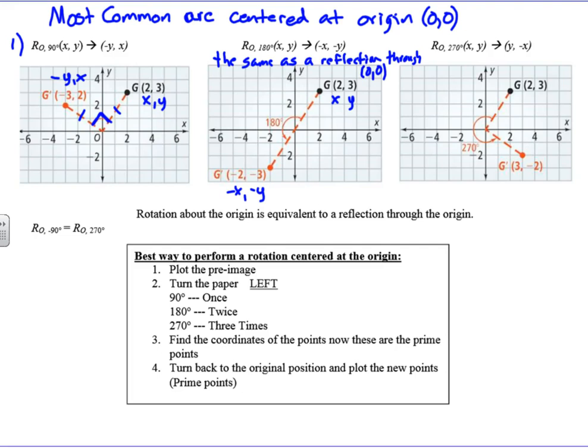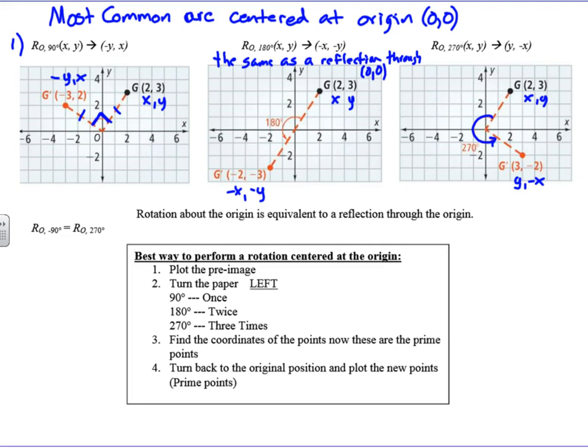And then the last one is 270, and you see that this angle here, again, it's counterclockwise, is 270, and it takes this point (x, y) and makes it (y, negative x). Now when you see that negative x, what that just means is the value changes. If it's positive, it becomes negative. If it's negative, it becomes positive.